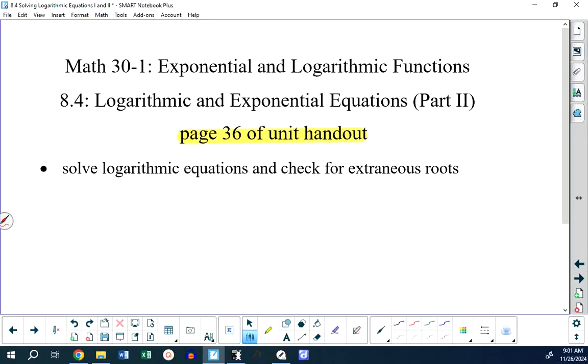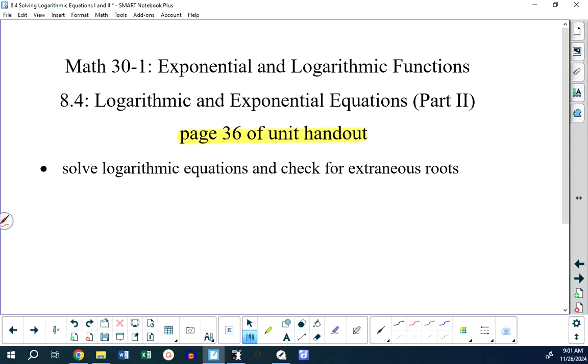A step in solving a radical equation is at some point to square both sides to get rid of the radical. And then you end up solving an equation that's not technically a radical equation. And you might get an answer that when you put it into the original equation results in you attempting to take the square root of a negative, which is not allowed. So there's a restriction there.